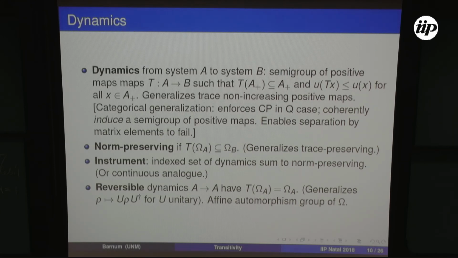Just a note here: it's often nice to formulate theories where you have a bunch of systems as a category. You have morphisms, and you always have composition, which we think of as sequential, one process after another. In a symmetric monoidal category, which is what you usually use in the GPT setting, you have a way of making composite systems, which you represent by this tensor product symbol.